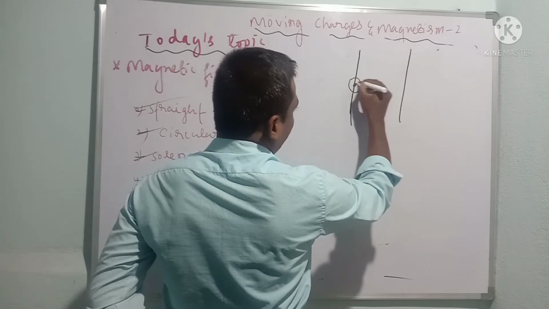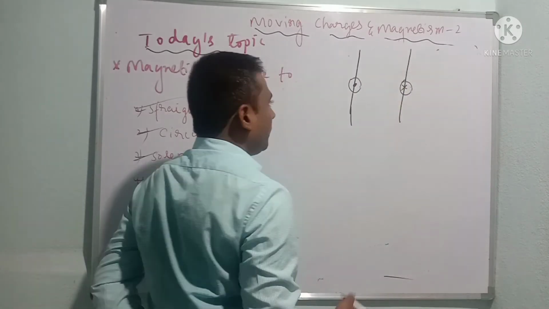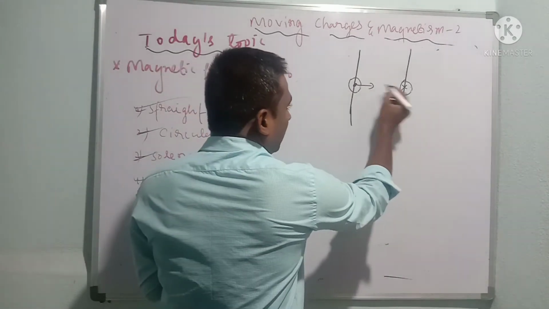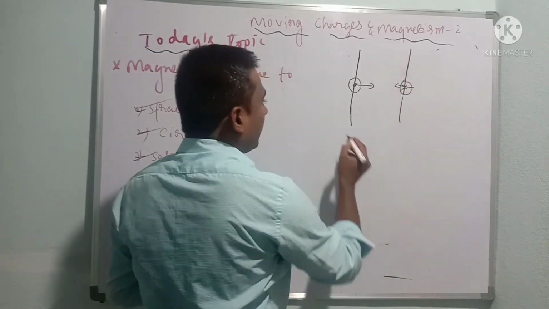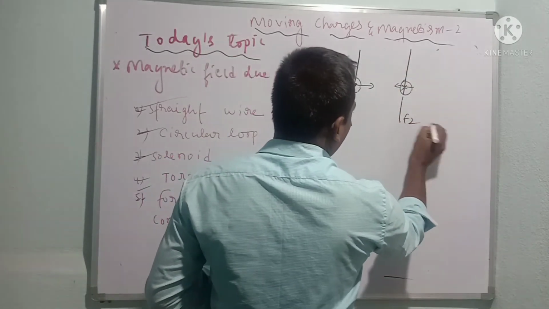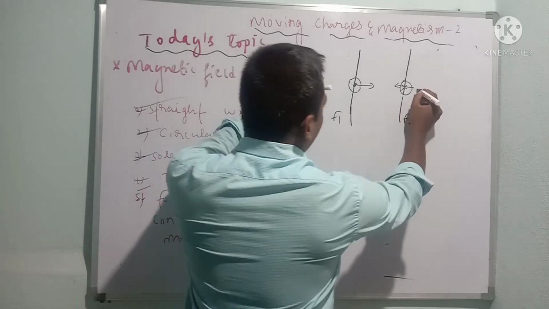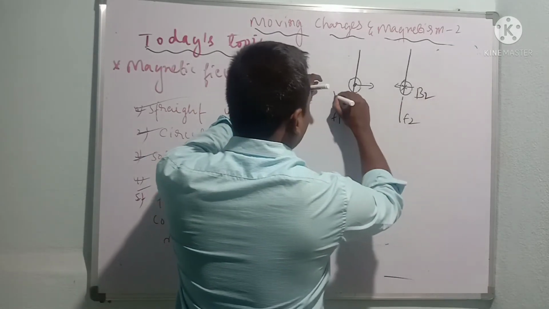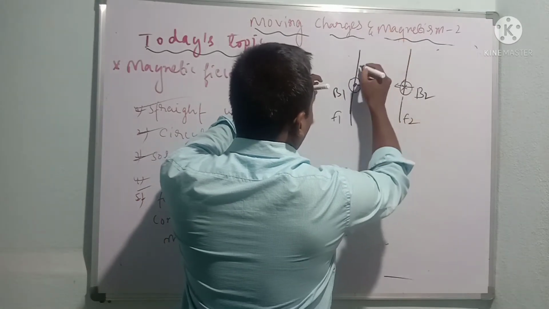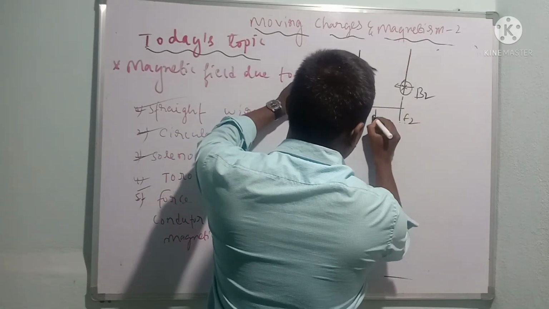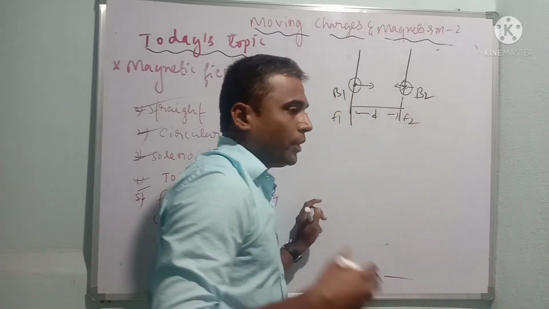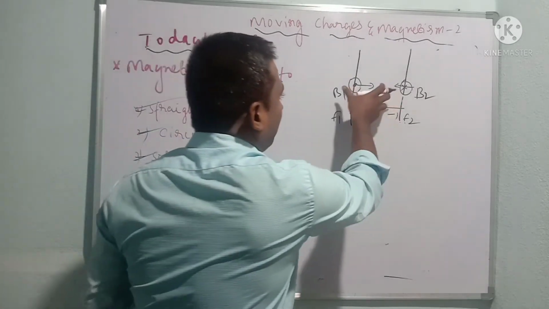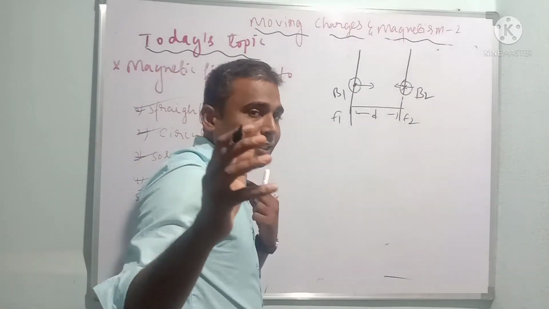Here a dot, and here I am going to take a cross mark. A dot means, children, the magnetic field is coming outward, and the cross means it is going inward. This is force 1, this is force 2, this is B2, this is B1, and they are separated by distance d.